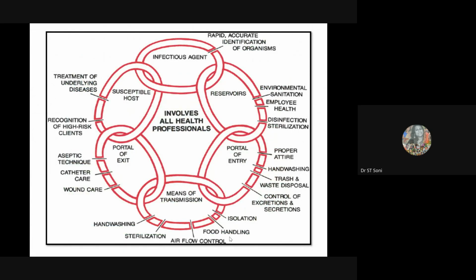So this is the chain of transmission of infection. Any infection, as I have told you, can be transmitted through the epidemiological triad: infectious agent, host, reservoir, portal of entry, how it is transmitted, portal of exit, and the susceptible host. Most importantly, as healthcare workers or healthcare professionals, what is our role?